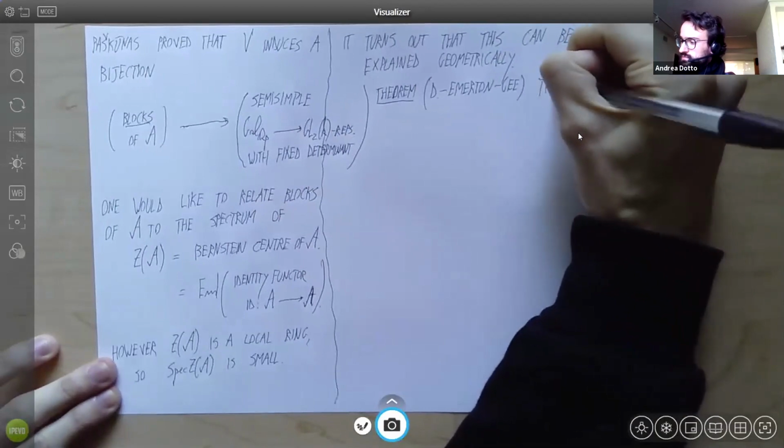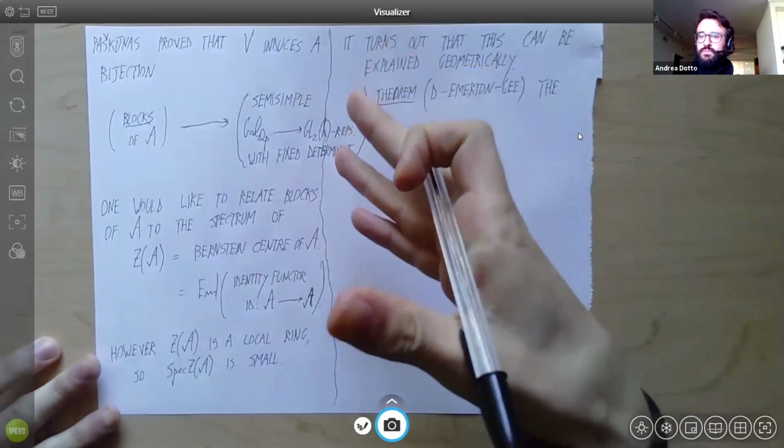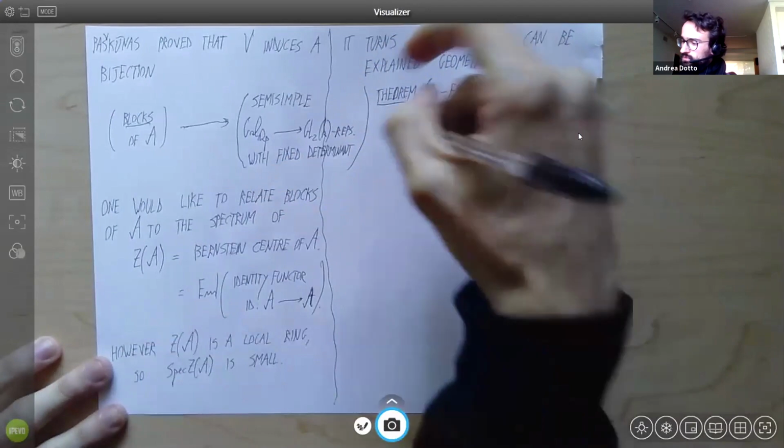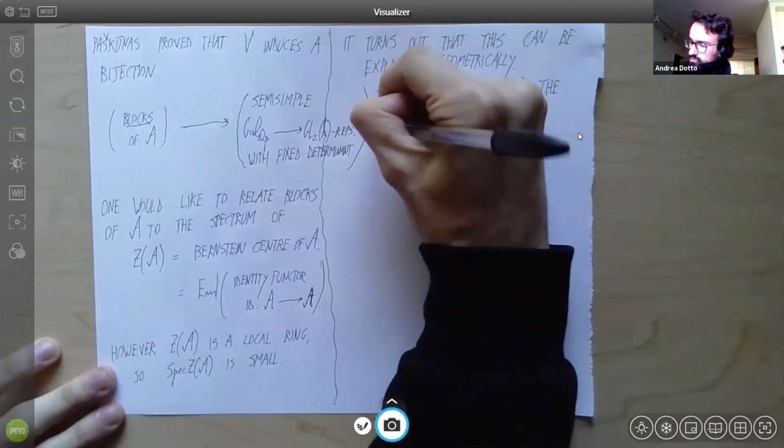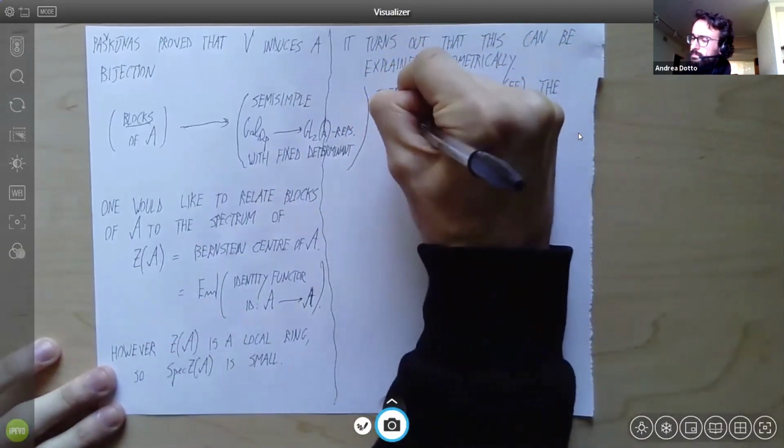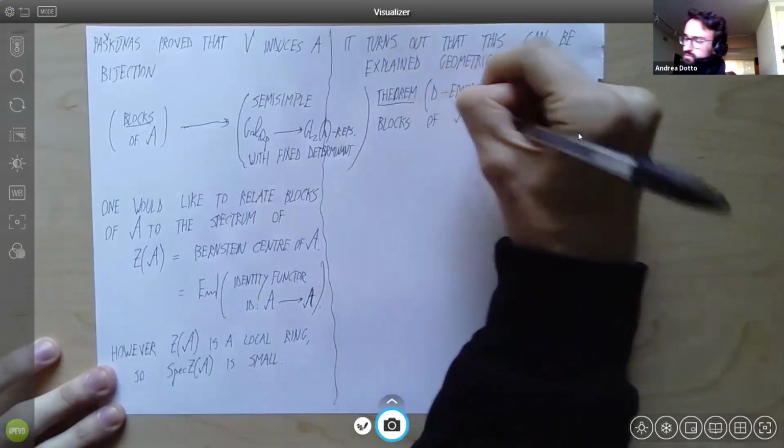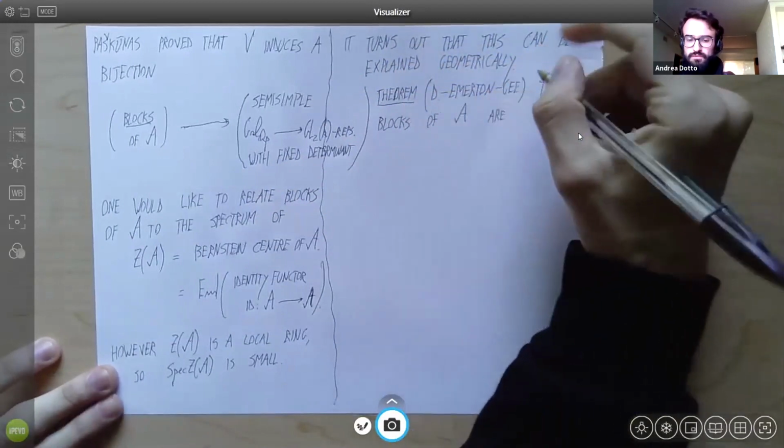And this bijection, I mean, we actually construct a specific bijection with interesting properties. And let me just write this down. So the blocks of A are in bijection with closed points of X.